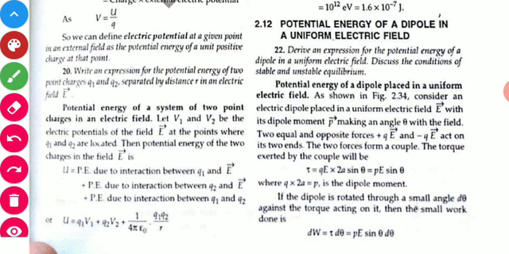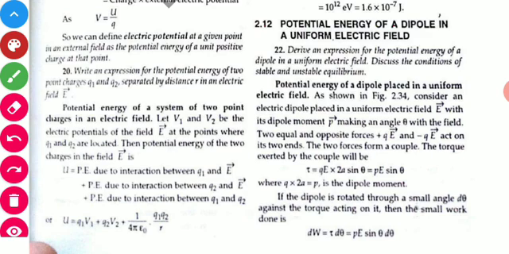Then the potential energy of two charges in an external field can be calculated by the potential energy due to Q1 plus potential energy due to Q2 plus potential energy due to the system of charges Q1 and Q2.